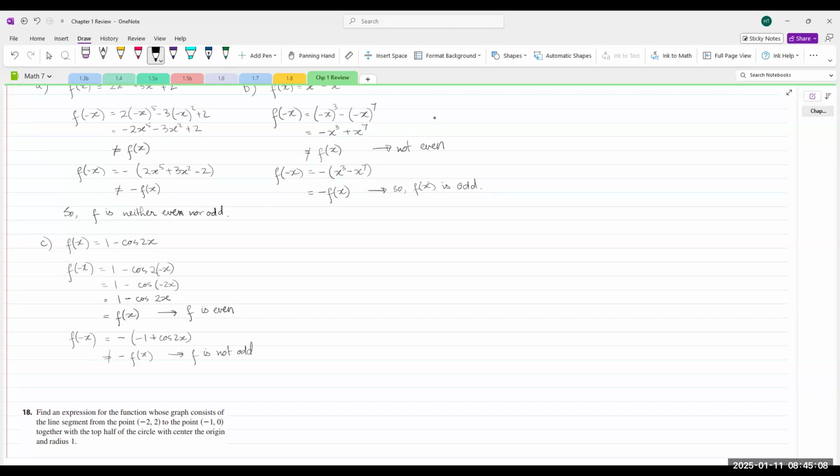Once we know a function is even, then it won't be odd anymore. The function that is even and odd at the same time is f(x) equals 0. As far as I know, this is the only function that is both even and odd.